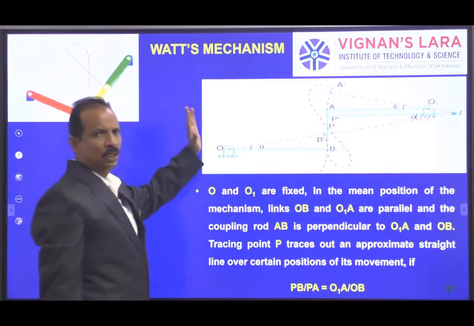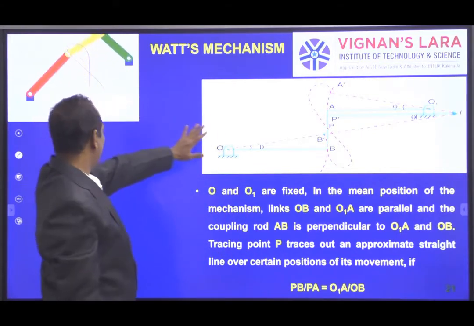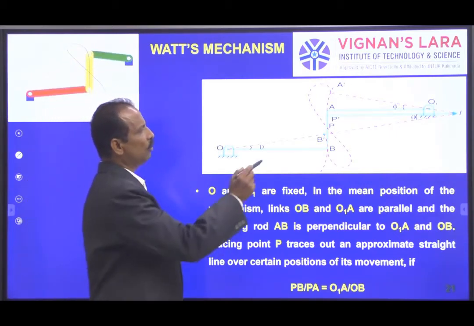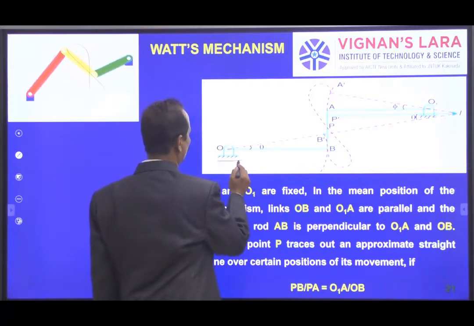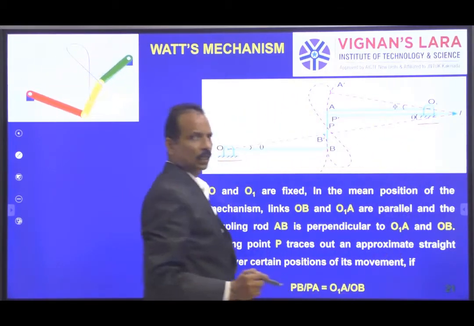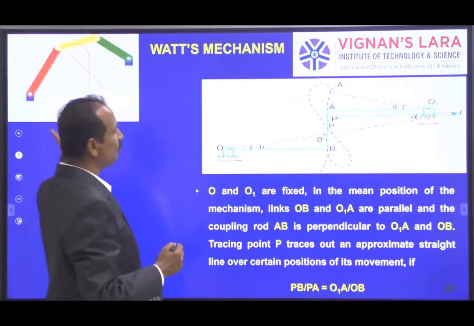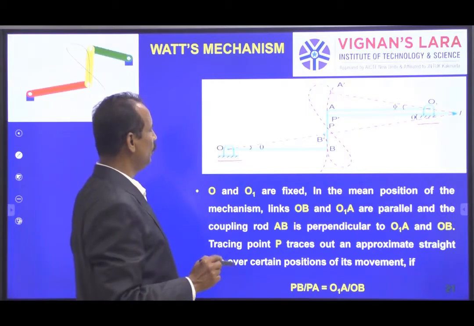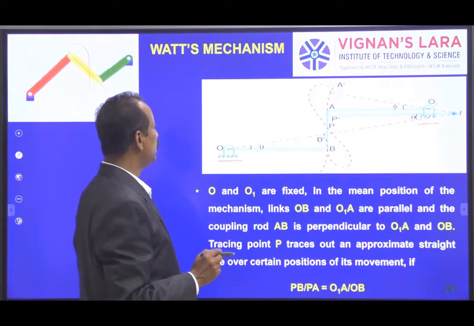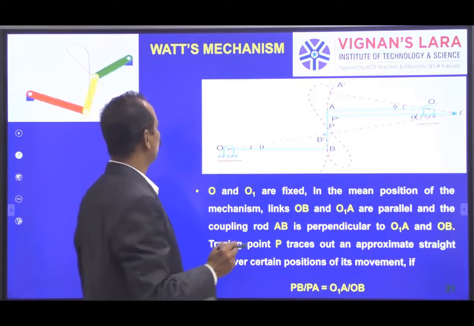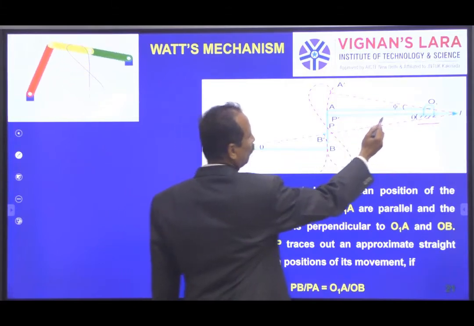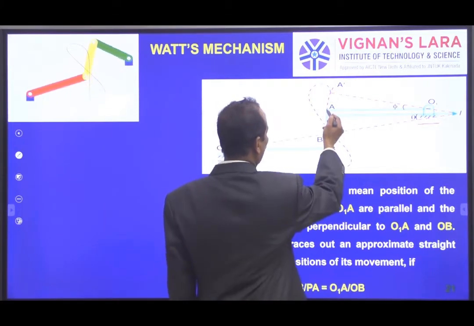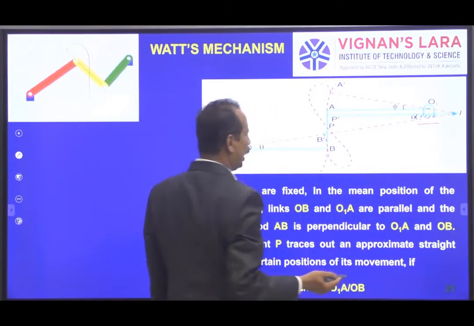I have enlarged the diagram here and made the animation smaller. Here O and O1 are the fixed points, which are part of the fixed link, so we use the same color for both. In the mean position of the mechanism, links OB and O1A are parallel, and the coupling rod AB is perpendicular to O1A and OB.